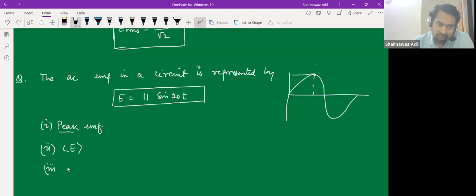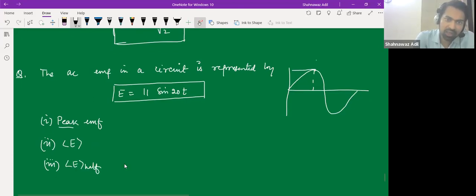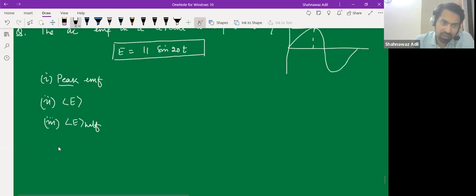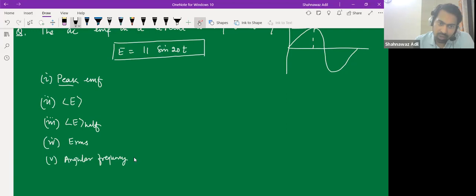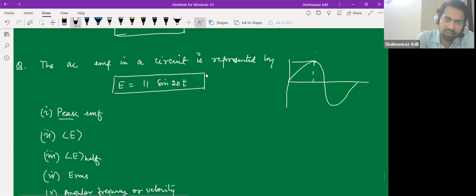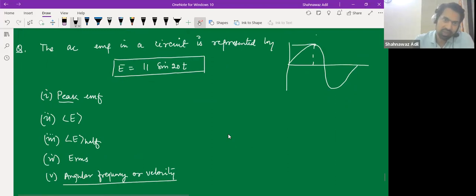Third one, we have to calculate average E in half cycle, and then we have to calculate E RMS, and fifth one, the angular frequency or velocity. Okay, so Aisha, please calculate these things and tell me the answer.